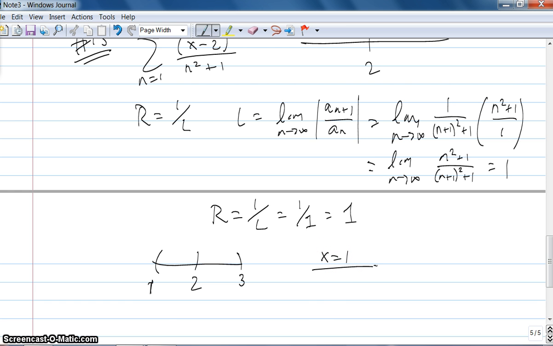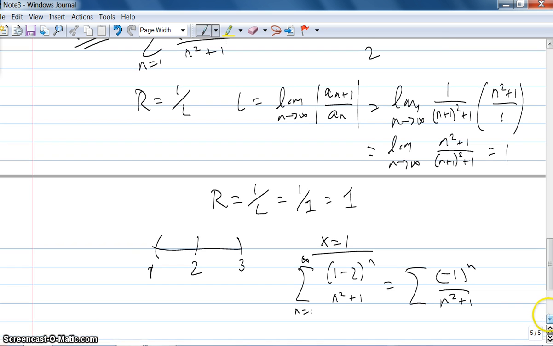So when x equals 1, I have the series of (1 minus 2) to the n over n squared plus 1, which is the series, this is just (negative 1) to the n over n squared plus 1.